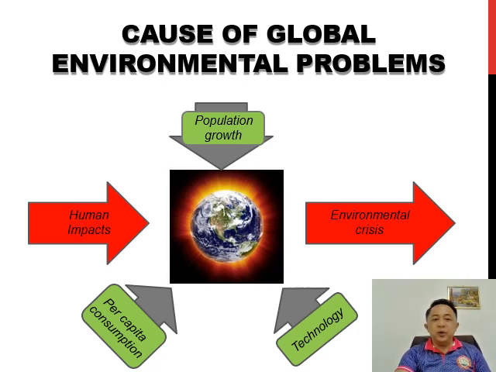Another human impact that causes global environmental problems is per capita consumption. That is usually associated with population growth. When we say per capita consumption, in a certain group or nation, what is the amount of resources being consumed in a day, in a week, in a month, or in a year?